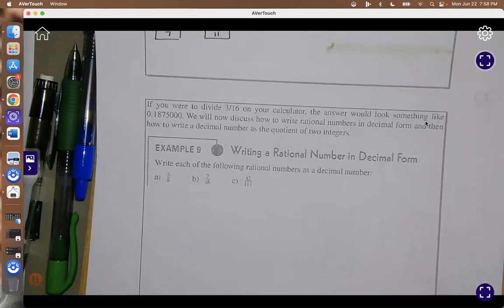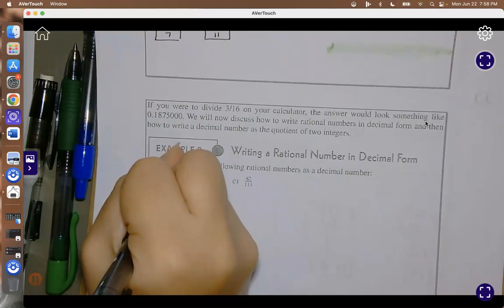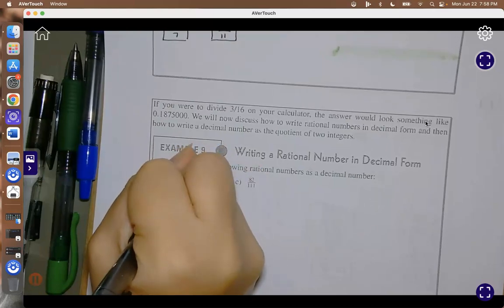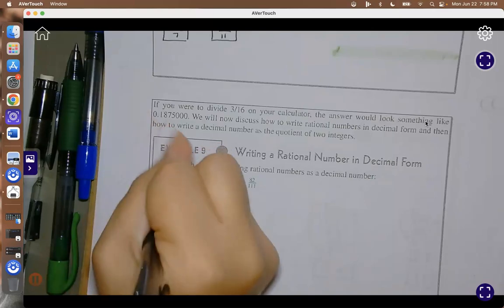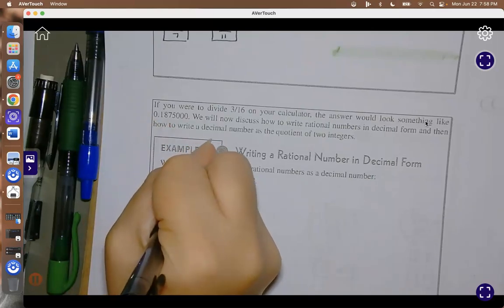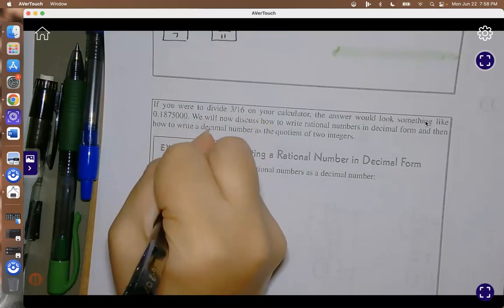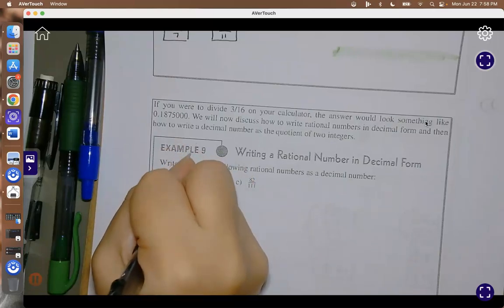Now, writing a rational number in decimal form. All you have to do is divide the denominator into the numerator. And if it won't work, you put a decimal point and a 0. So 8 goes into 5 6 times. Okay? 6 times 8 is 48.